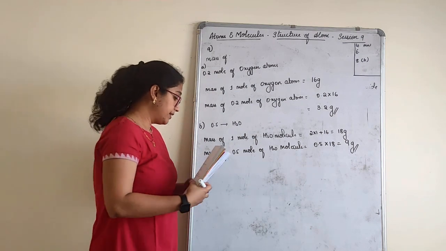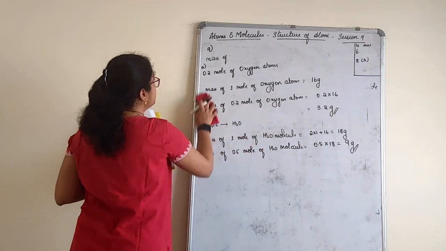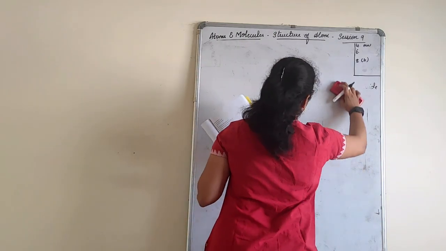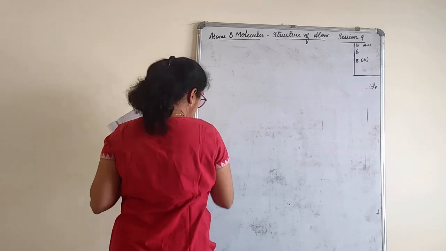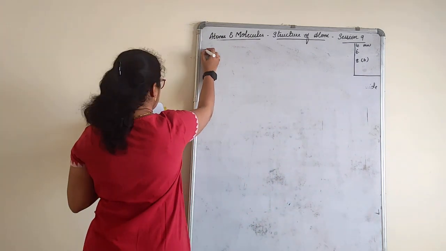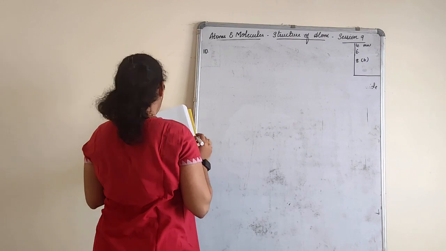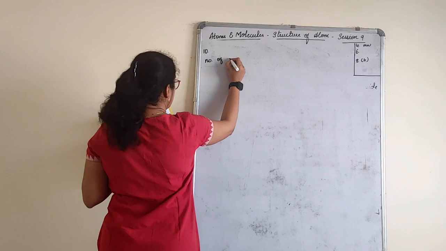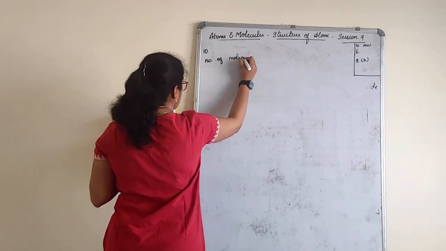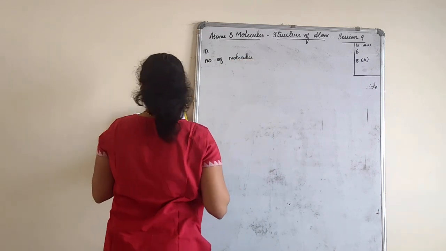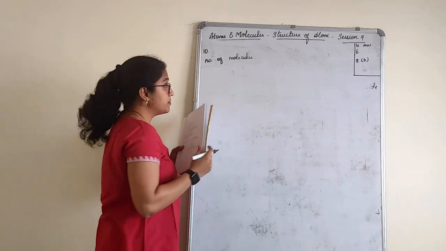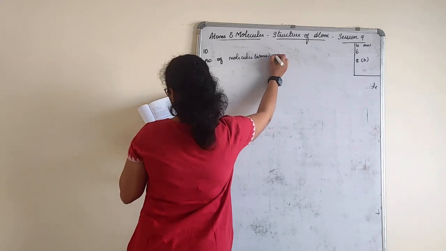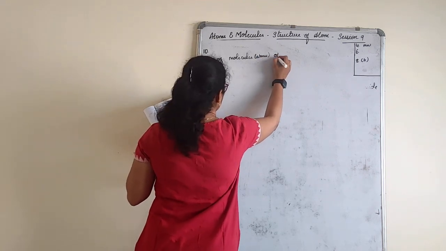The next one, 10th one. Last two sums, children. Calculate the number of molecules. What do you mean by number of molecules? That is number of atoms, just in bracket to know that. Of sulfur.